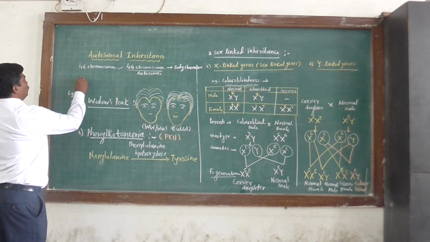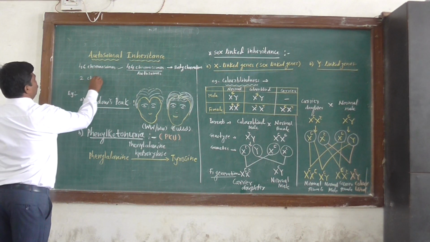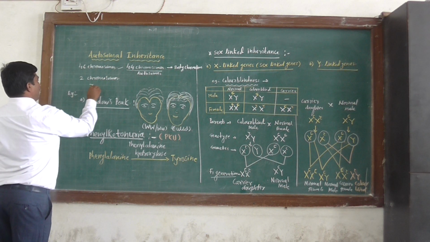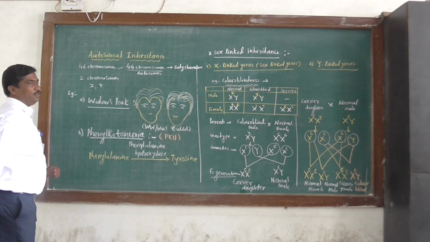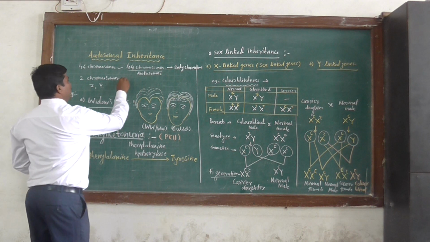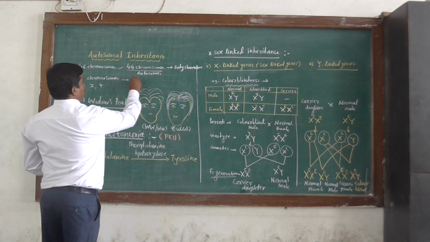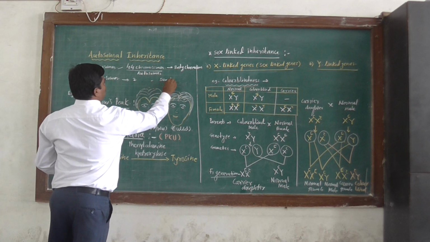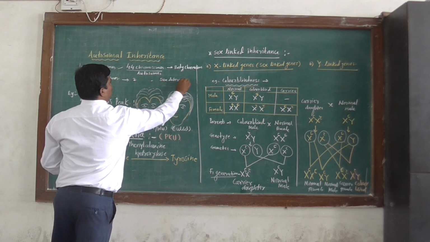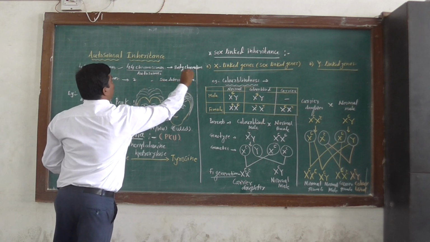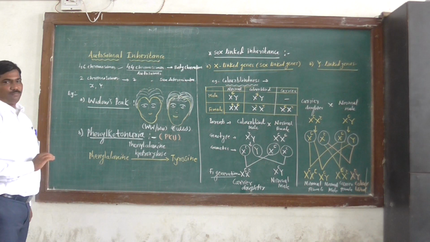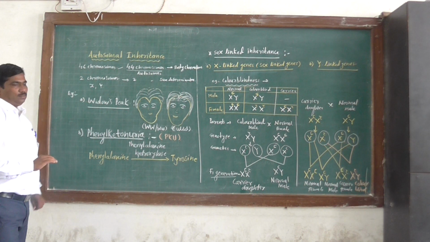And the two chromosomes, that is X and Y, are involved in sex determination and are called sex chromosomes or allosomes.